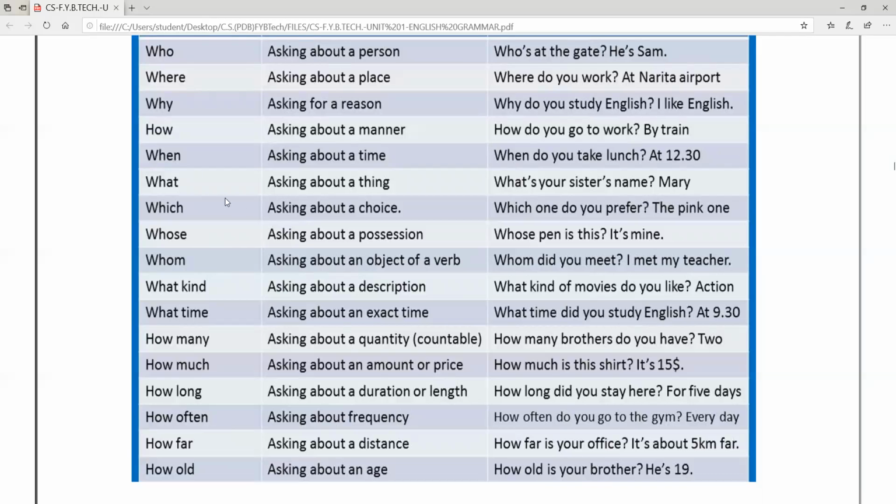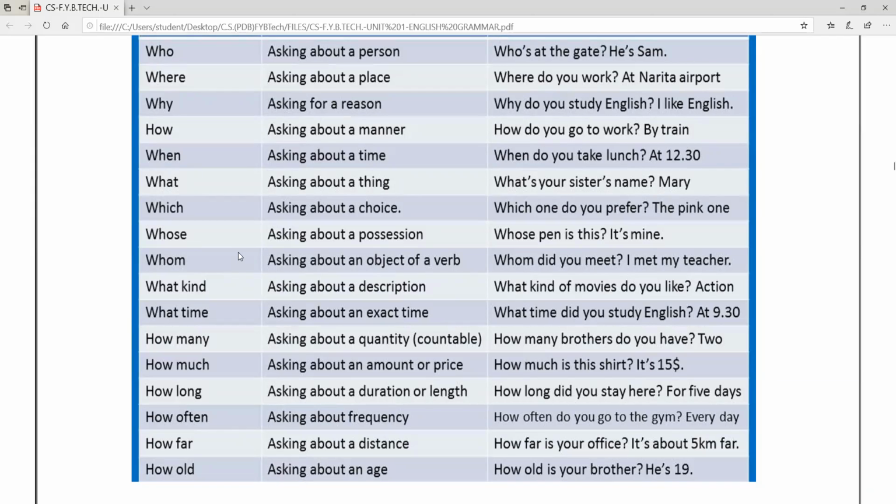Okay, so when we are asking about a choice, we are giving choice to that person. Which will you prefer? तुला कुठला आवडेल? Okay, then whose is used for asking about a possession.